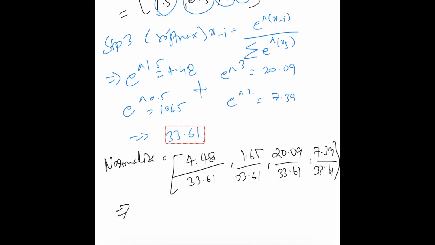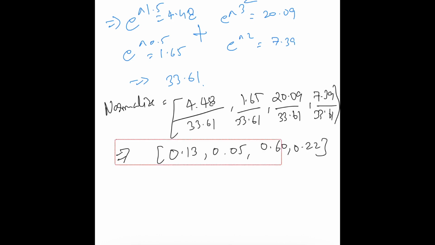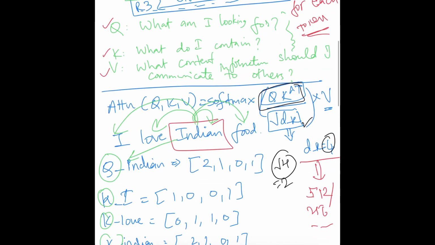If we do a quick rough calculation, I'm doing it here on the side. Okay. So now we have completed up to step 3, which is we've taken the softmax.